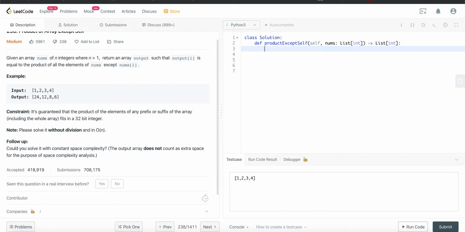So initially I have taken L equal to the length of the array. So I have taken three arrays: LA, RA, and answer. LA means left array, the product of all the left elements, and RA means the product of all the right elements at the current index, and the answer is the product of the left array and RA, the right array.